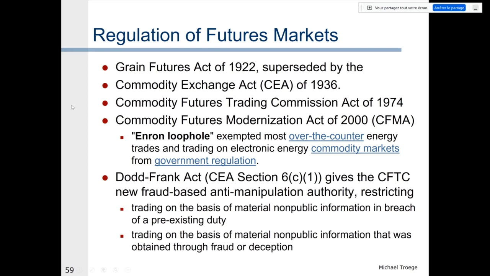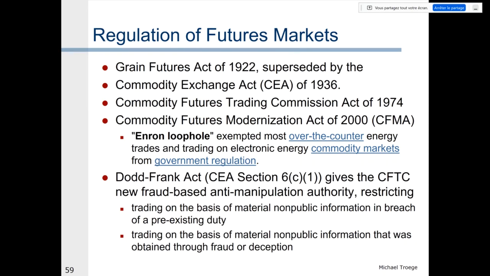But it's important to know the CFTC, the Commodity Futures Trading Commission, which is the principal regulator for future markets, and also for financial futures. Remember that the definition of commodities in the US includes interest-paying bonds.